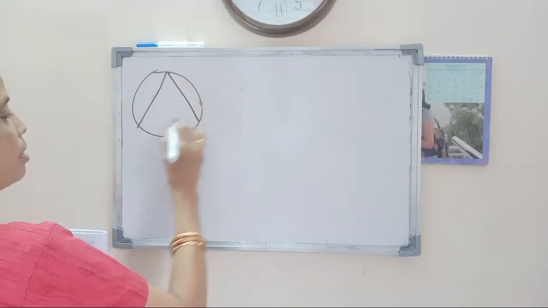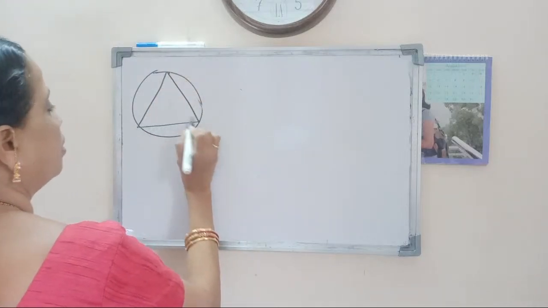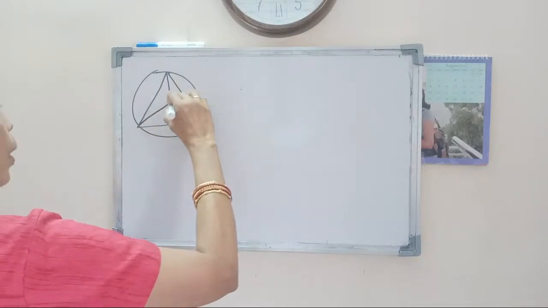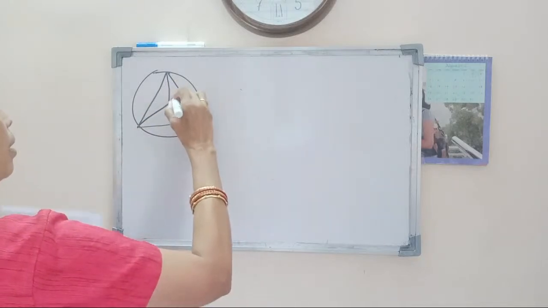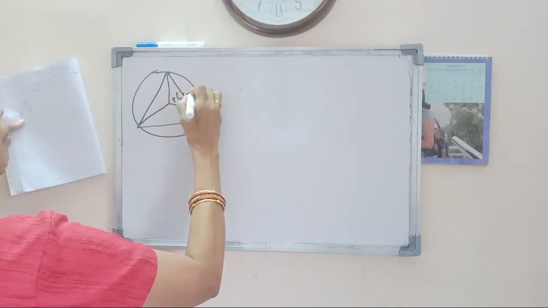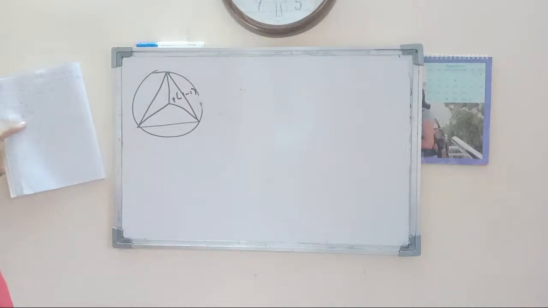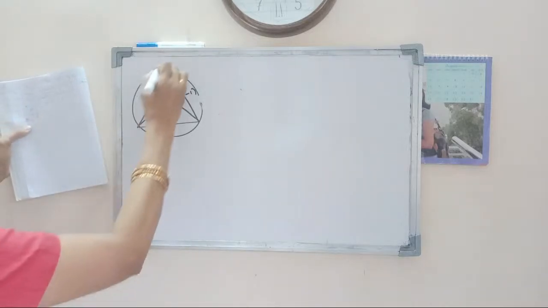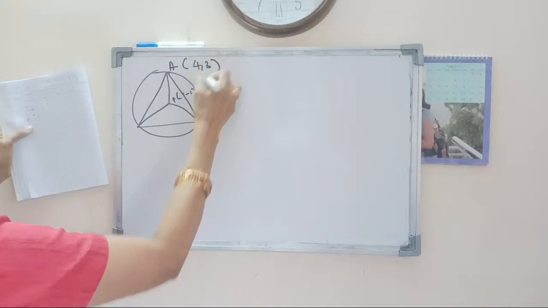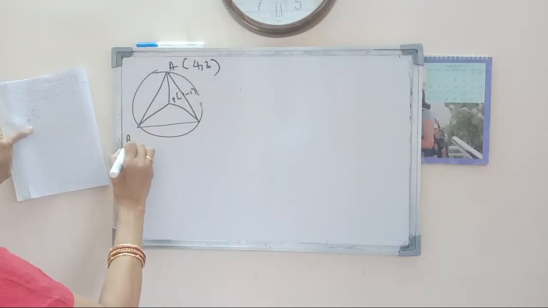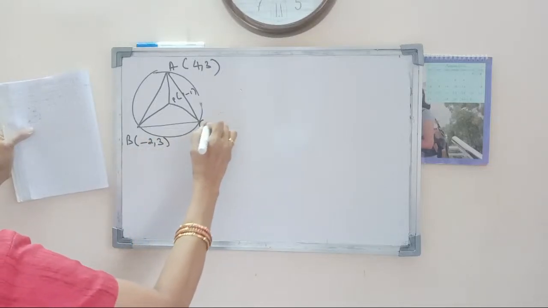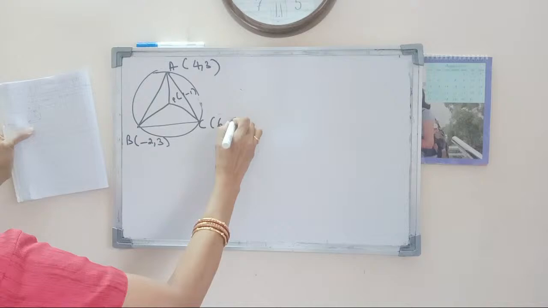This is a circumcircle circumscribed by a triangle. We have to prove point P (1, minus 1) is the center of the circle whose vertices are A (4, 3), B (minus 2, 3), C (6, minus 1).